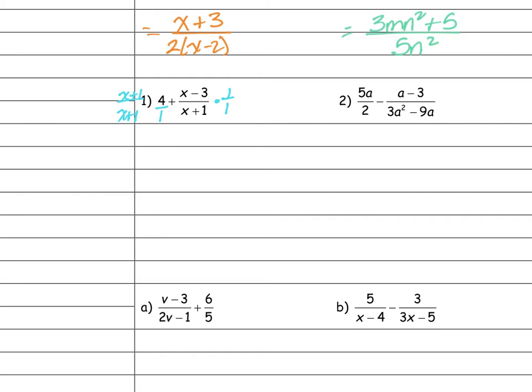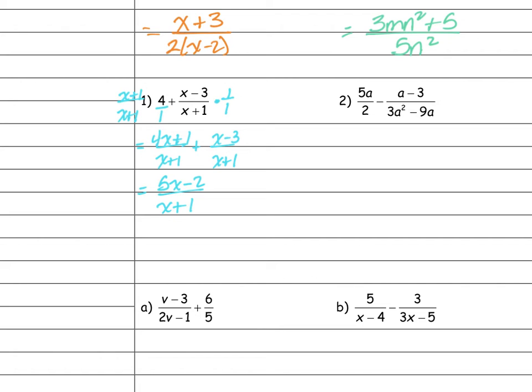So if I figure this out with it distributed out, I get 4x plus 4 all over x plus 1 plus x minus 3 all over x plus 1. So that gives me 5x plus 1 minus 3, yeah, 5x minus 2 all over x plus 1.